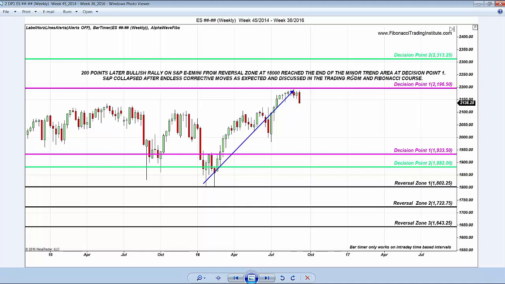After this level, the S&P moved on to a higher level. This is absolutely crucial end of minor trend, which constantly plays out on any instrument you choose to trade, and which is currently in play on Apple.